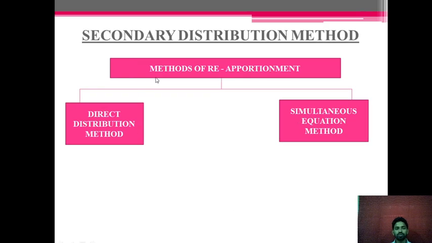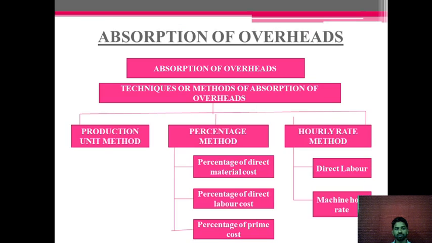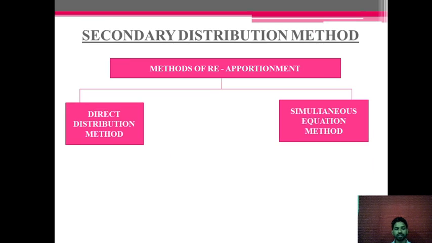For the secondary distribution, the direct distribution method and the simultaneous equation method are both very important for your exam. We will see problems on them in the next class. I hope you understand this theoretical part of the secondary distribution. Thank you.